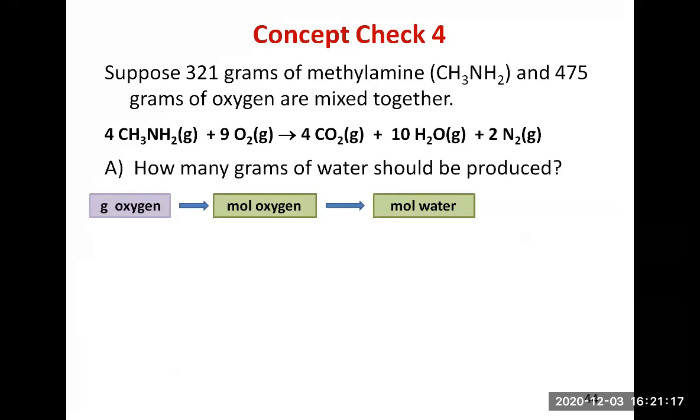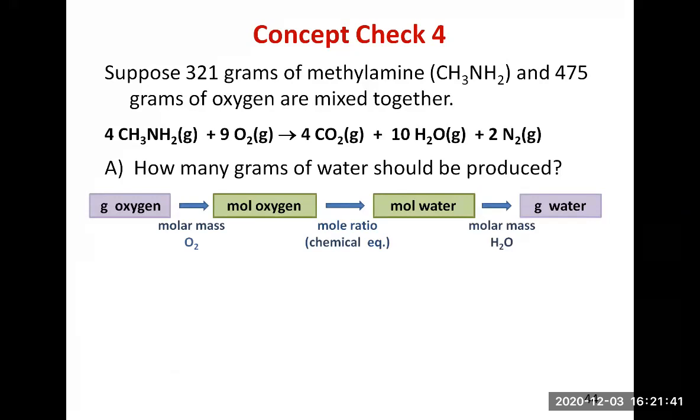And then once we have the moles of water, we can change them back to grams of water using the molar mass of water. So we will need the molar mass of oxygen, and oxygen here is the diatomic molecule O2. We will need the mole ratio between oxygen and water. That's given by the chemical equation coefficients. And then we will need the molar mass of water.